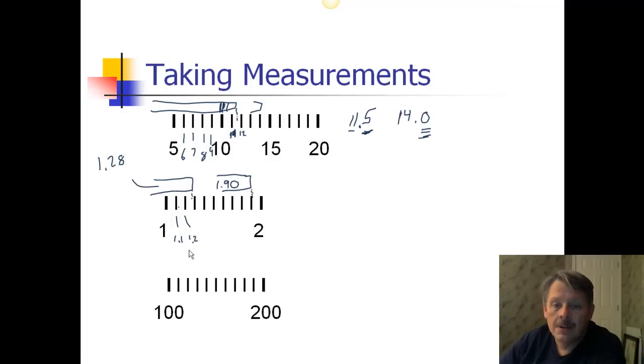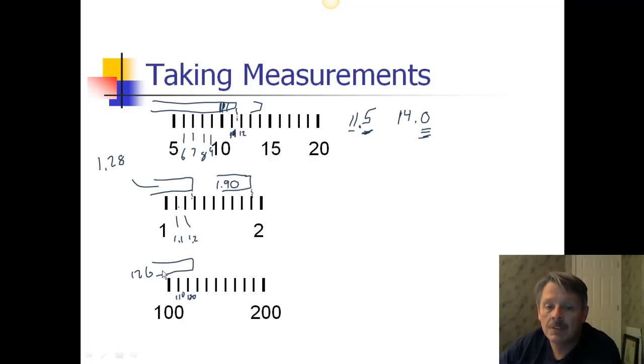And down here, you'll notice we have a line for 100 and a line for 110 and a line for 120. So again, you're going to estimate, and that might be 125, maybe 126, maybe 124. I don't know. But if it goes straight out to there, that's going to be 170.